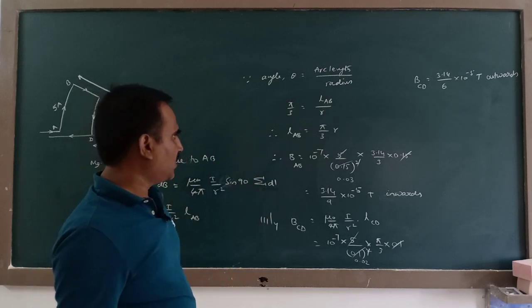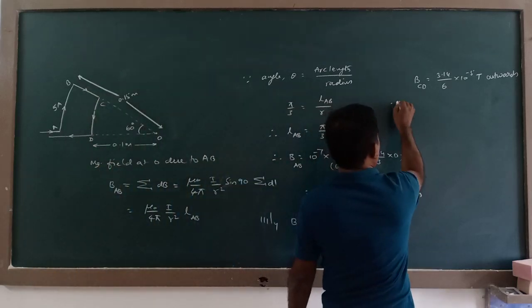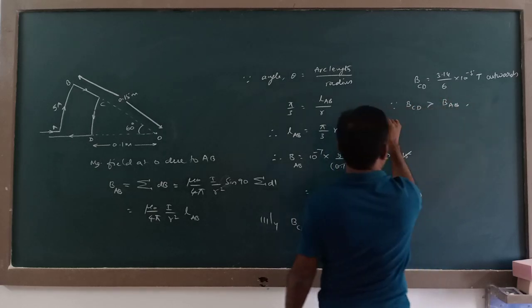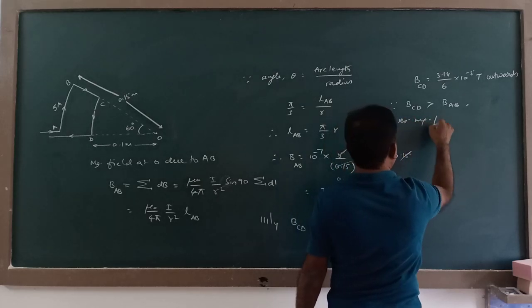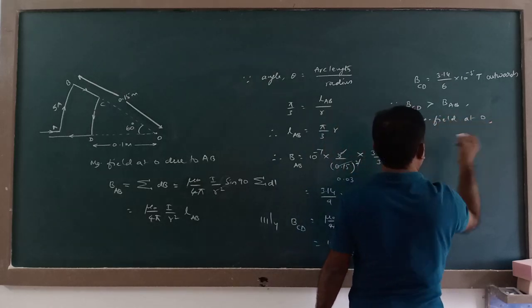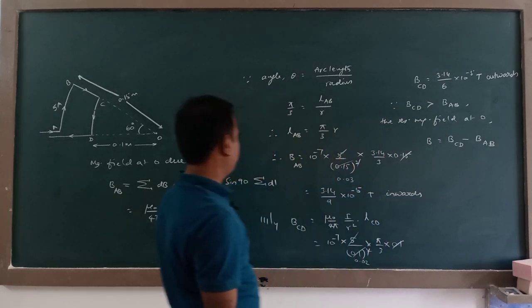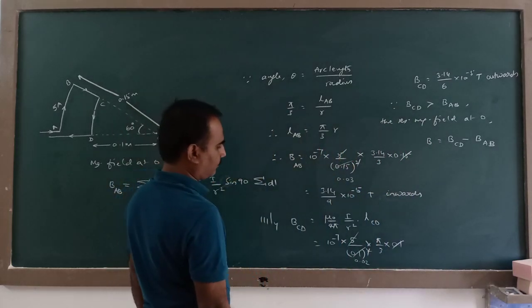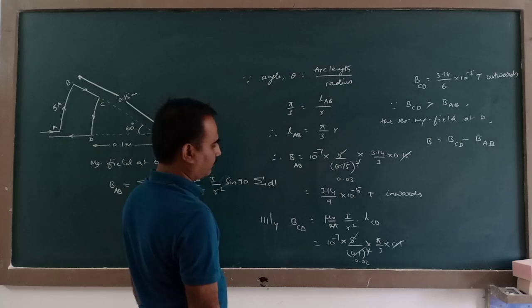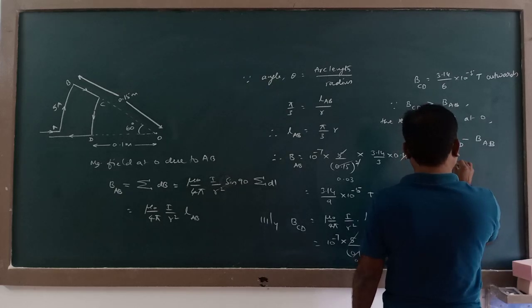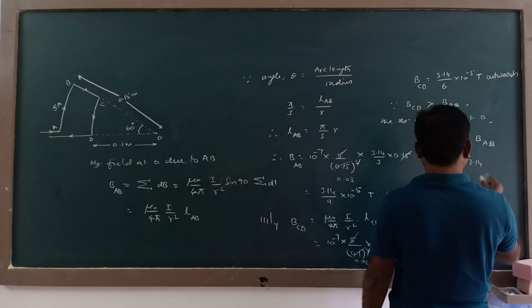So out of these two fields, which is stronger? B_CD. Since B_CD is greater than B_AB, the resultant magnetic field at O, B, is equal to B_CD minus B_AB. So this 10 to the power of minus 5 is common, 3.14 is common.